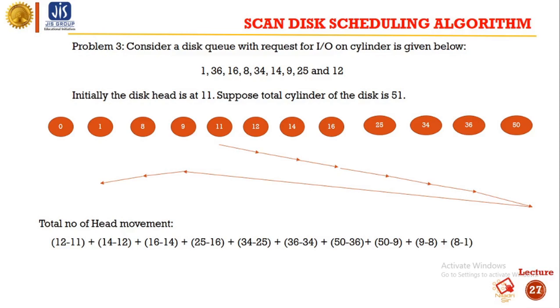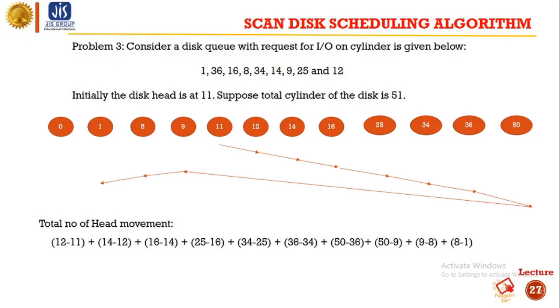From 25 we have moved to 34, so 34 minus 25. From 34 to 36, so 36 minus 34. From 36 to 50, so 50 minus 36.